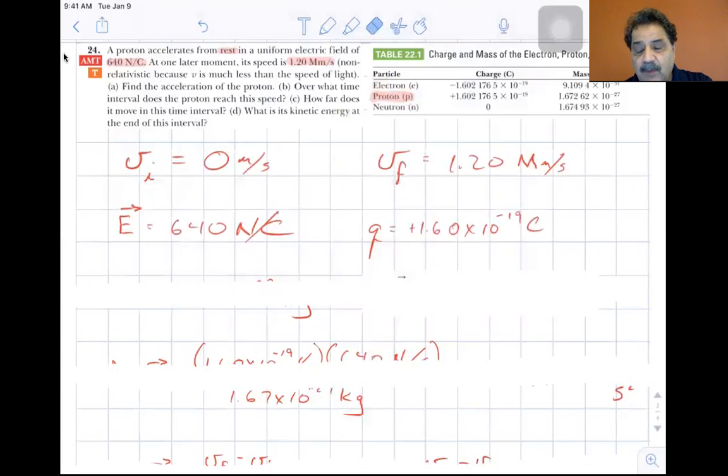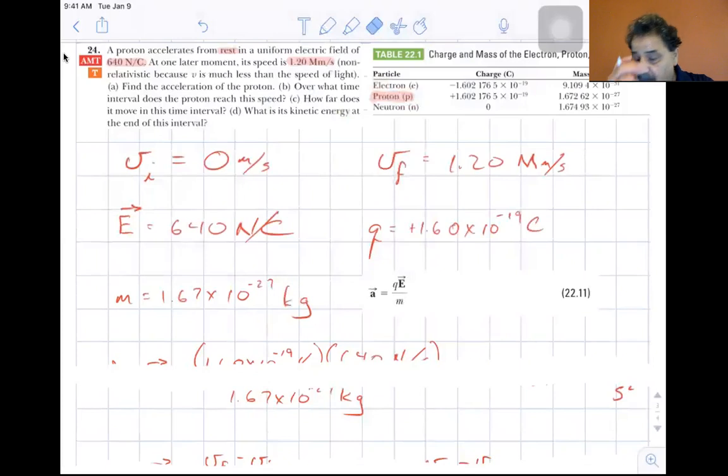V final is 1.2 megameters per second. E is equal to 640 newtons per coulomb. And Q, the charge, is equal to 1.6 times 10 to the minus 19 coulombs. And we know that the mass, from table 22.1, is 1.67 times 10 to the minus 27 kilograms.